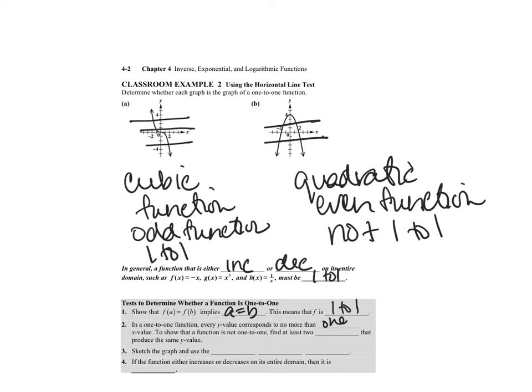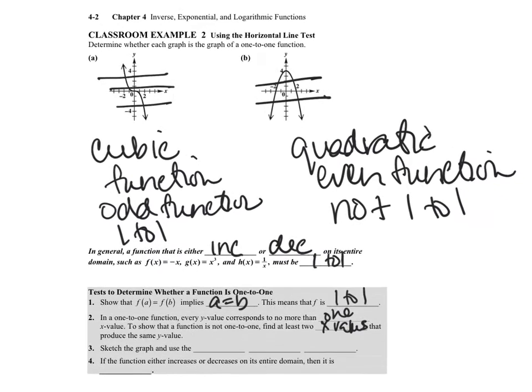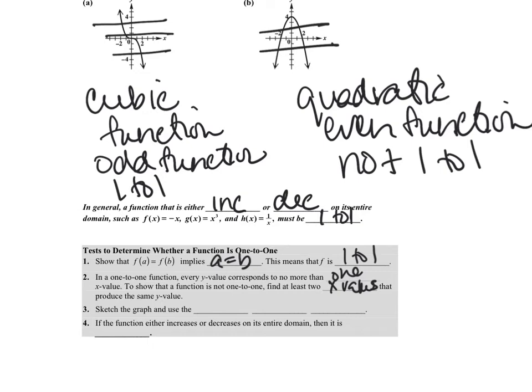To show that a function is not one-to-one, find at least two x values that produce the same y value. Sketch the graph and use the horizontal line test. If the function either increases or decreases on its entire domain, then it is one-to-one.